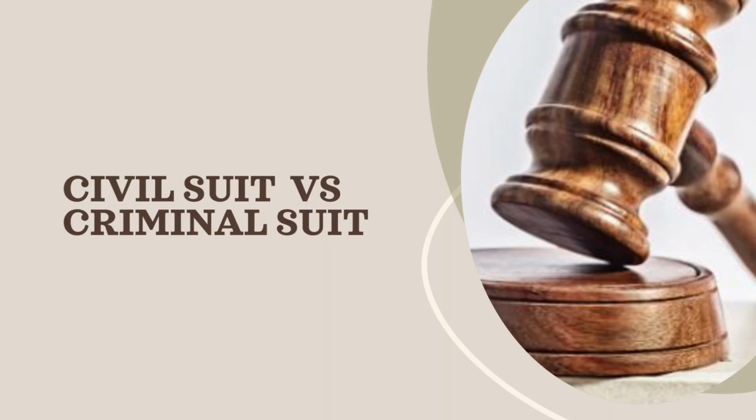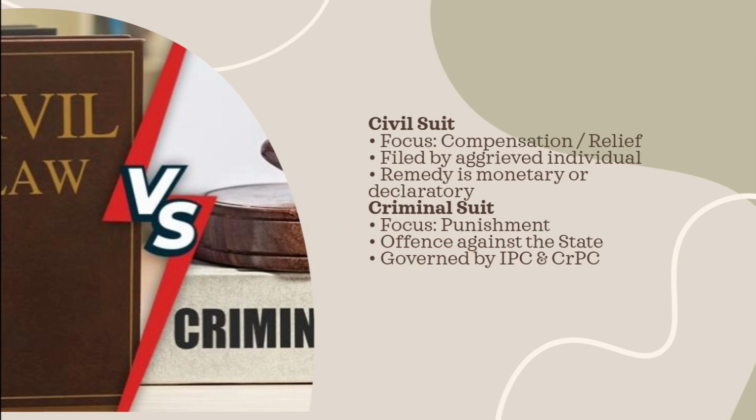Now moving further to the very basic question: what is the difference between a civil suit and a criminal suit? The main difference between civil and criminal cases lies in their objective. A civil case or civil suit focuses on compensation or relief, monetary compensation or any declaration, whereas criminal cases deal with punishment.